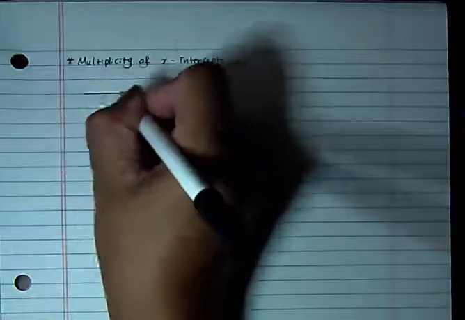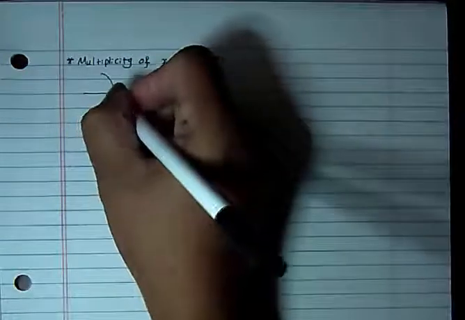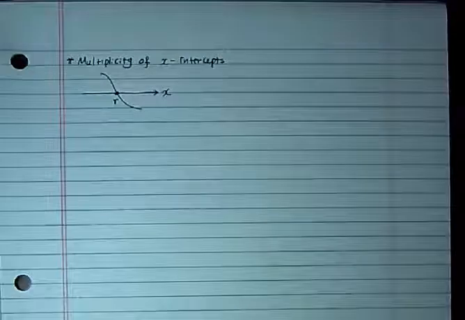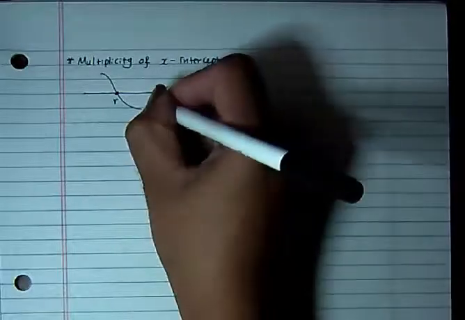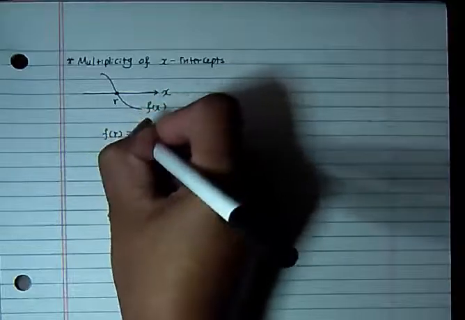Sometimes your function has an x-intercept which is crossing in here. For instance, this is r, crossing in here, and this is function f of x. Then you can see f of r is equal to 0. So r is a zero. So this is a cross.